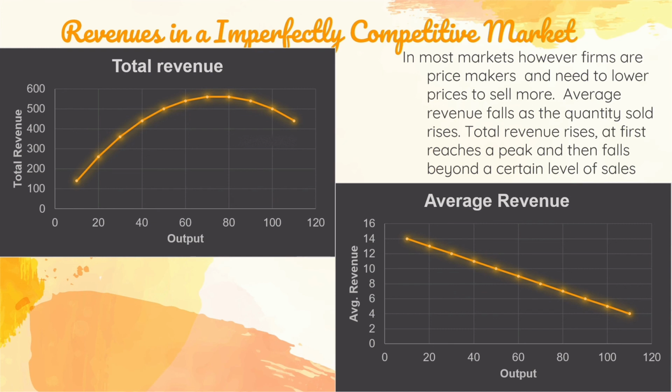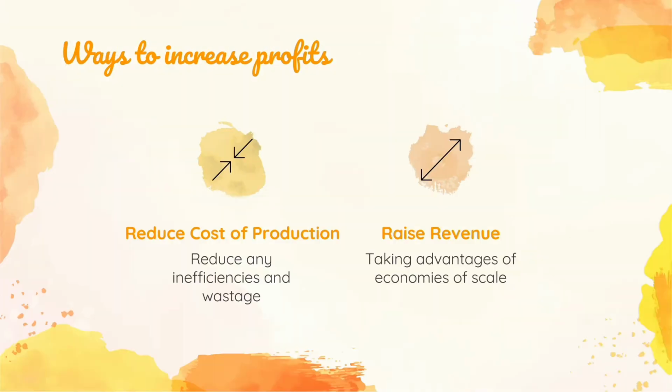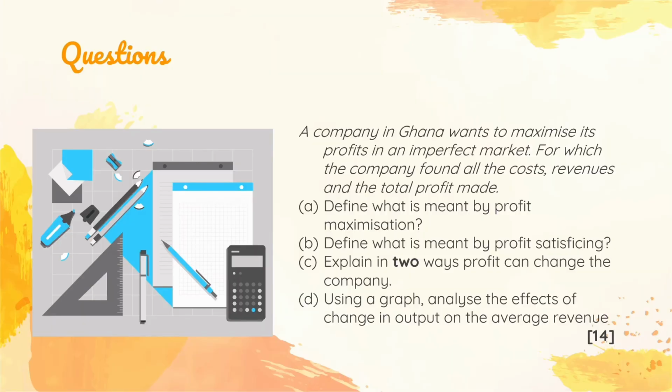So you can draw this graph, you need to label the axis, you need to draw the graph to gain a total of 6 marks. 6, 5, anything is okay. So we are done with the questions.